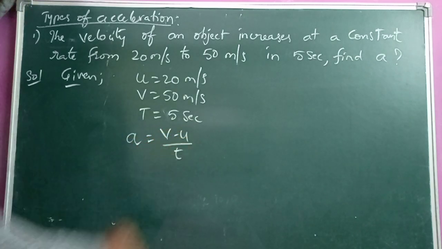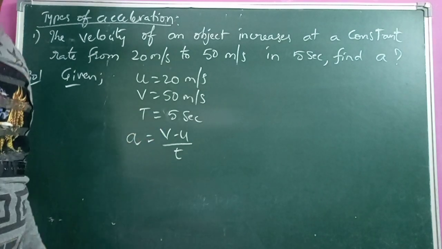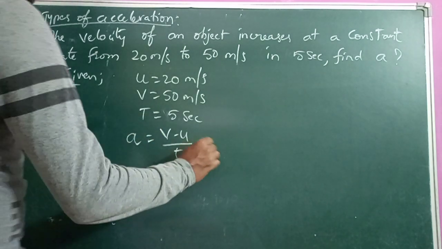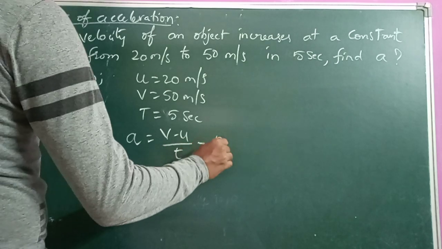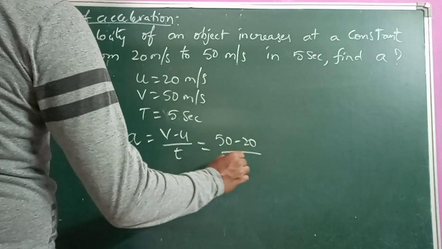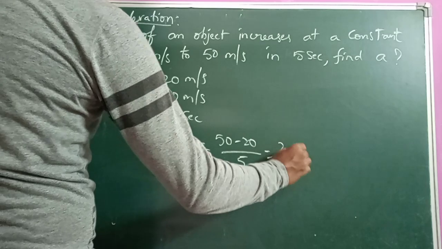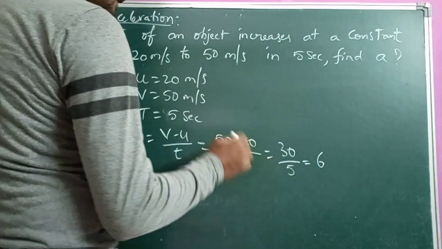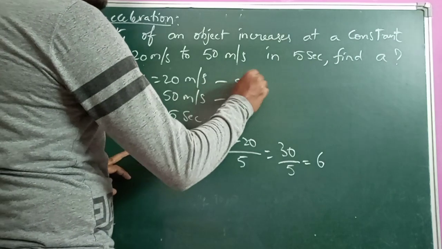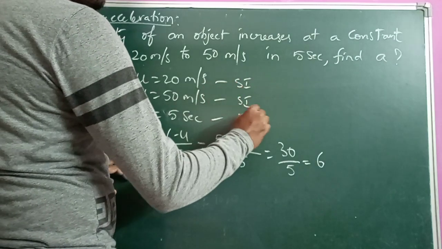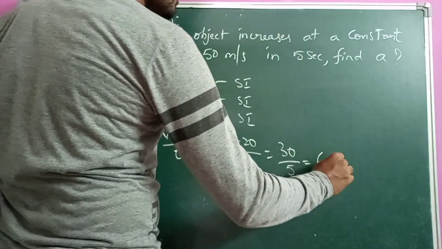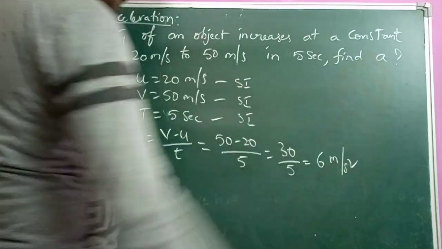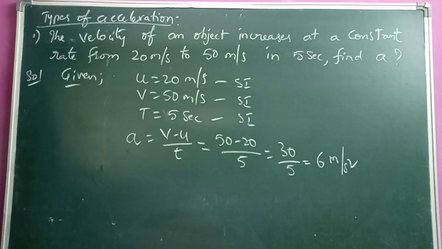We have the formula a is equal to v minus u by t. So 50 minus 20 by 5, that means 30 by 5, that means 6. All these are in SI system, so the unit for acceleration is also SI, meter per second square. In this way we can do the problem.